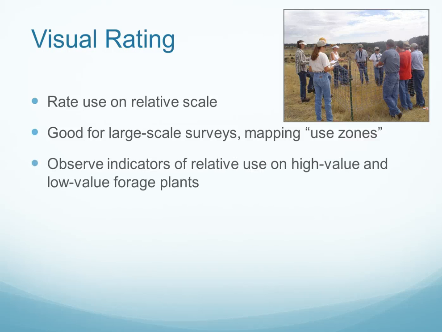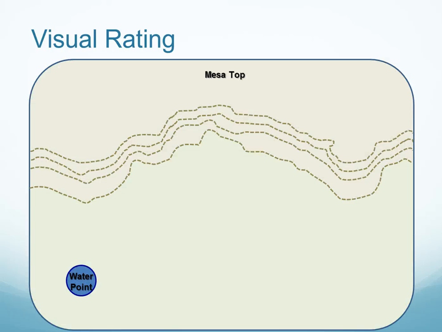This is done by observing indicators of the relative amount of use on high value and low value forage plants, and then using some guides or tables, we rate the amount of use at specific locations, and we can then use this as a kind of rough scale guide of utilization, and again can be used to map use zones.